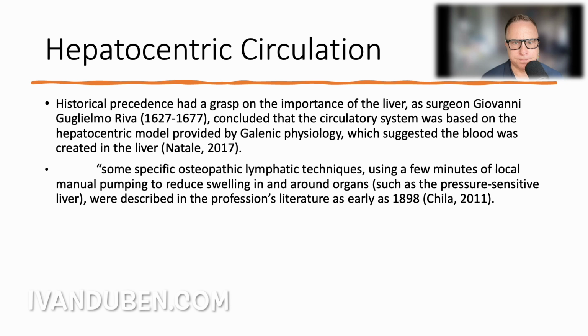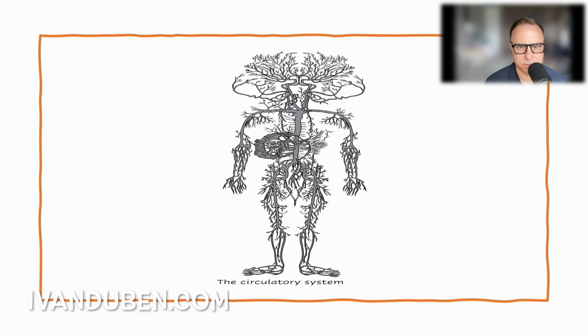That comes from Anthony Chila. If we're looking at the early anatomist drawings of the circulatory system, we can clearly see that they didn't include the heart, but they did include the liver, which is fascinating.